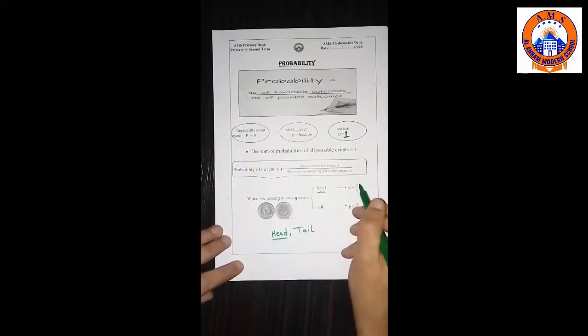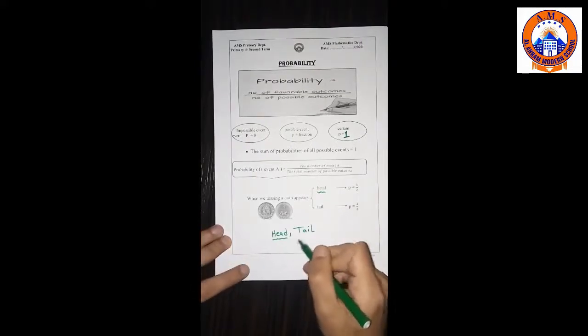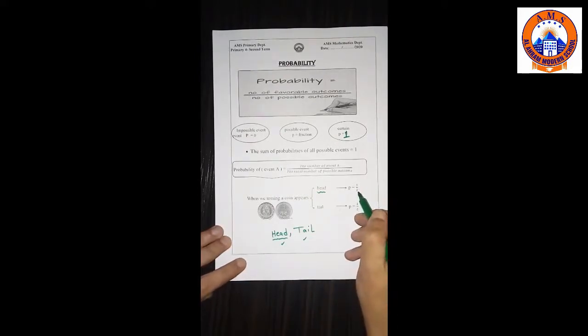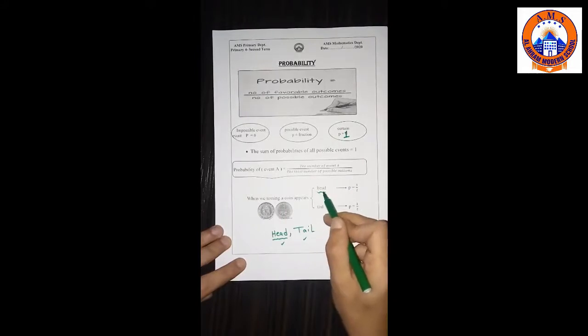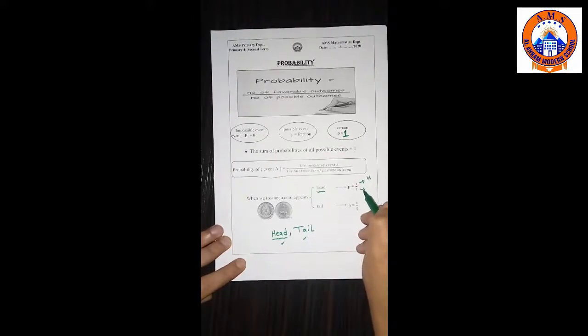It's only one head, so I write up here 1. How many answers can you get from tossing a coin? You have head or tail, so you have 2 outcomes, so I'm writing in the denominator 2. So the probability of getting a head is 1 over 2. 1 is the number of heads, and 2 is all the possible outcomes.